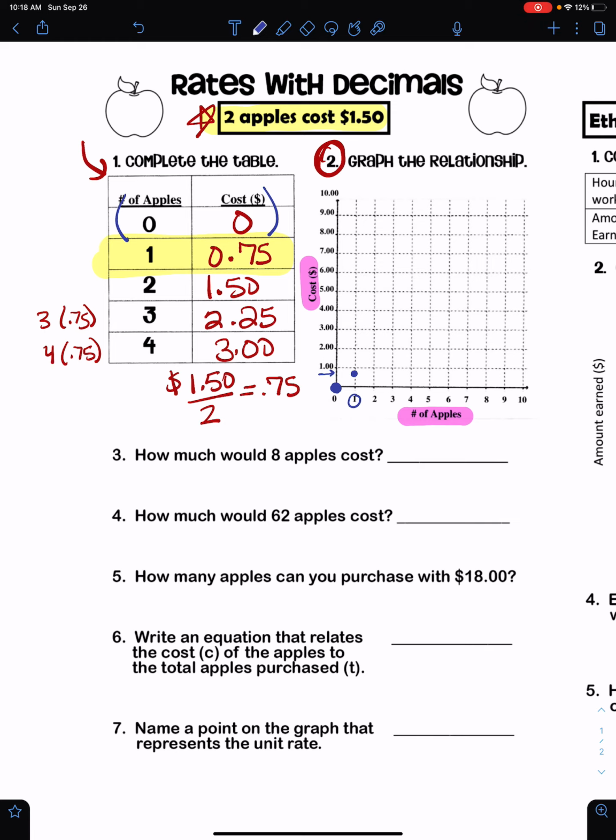And then 2 apples is $1.50. $1.50 is halfway between $1 and $2. 3 apples is $2.25, which is about right here. And 4 apples is $3. So I'm going to connect my points right here with a straight line.